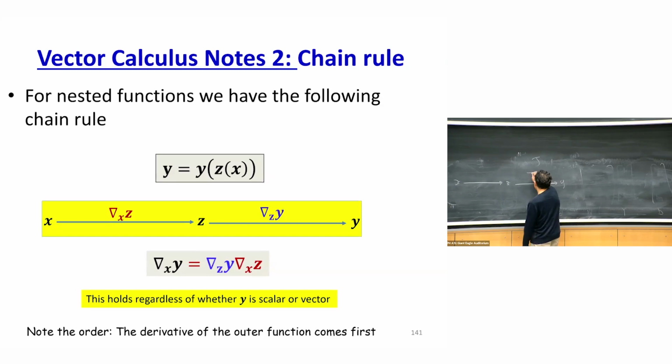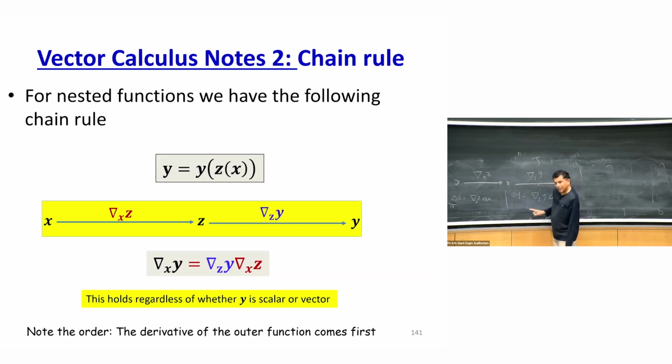This is going to be the derivative of y with respect to z. This edge is going to be the derivative of z with respect to x. Everybody with me? Right? And I can write delta y equals the derivative of y with respect to z times delta z. And on this side, I can write delta z equals the derivative of z with respect to x times delta x.